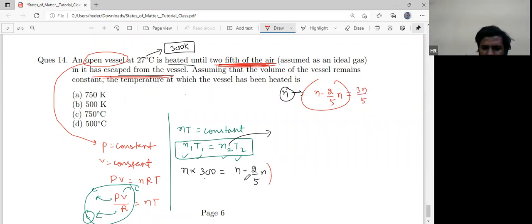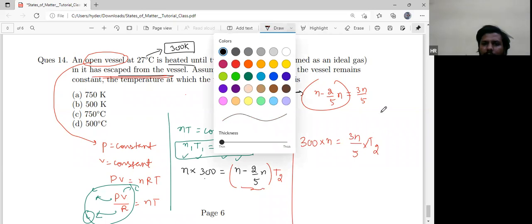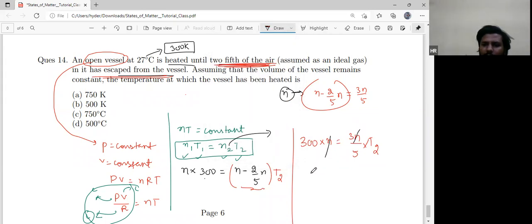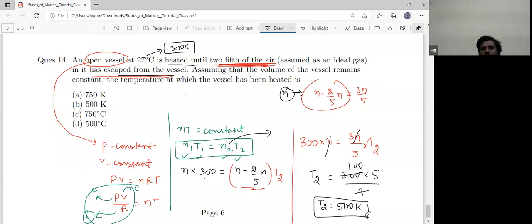So this is the final mole into temperature T2, which we need to find. Here it is 300 into n, and here 3n by 5 into T2. The n will cancel with n, and T2 will be equal to 300 into 5 divided by 3, which cancels by 100, and T2 will be equal to 500 Kelvin. Okay, Irfan.